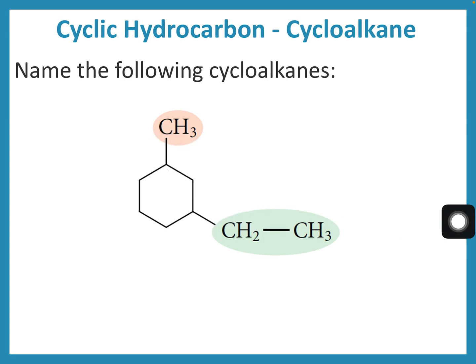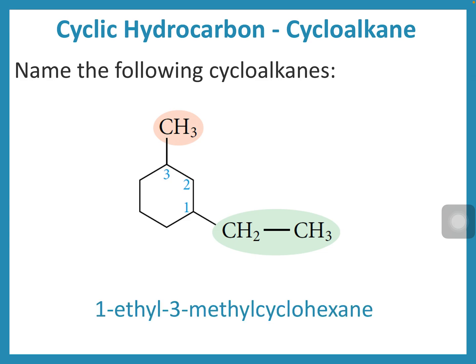Now we have the same thing happening here as in the example before, where in both directions I'm going to end up with 1 and 3 as my lowest numbering. So they're both equal in terms of our lowest numbering. So then our tiebreaker is going to be that ethyl comes first alphabetically. So I have 1 ethyl, 3 methyl, and then cyclohexane.